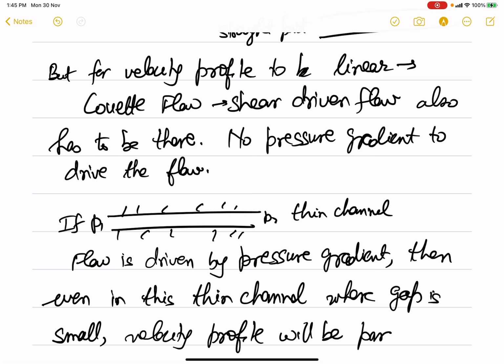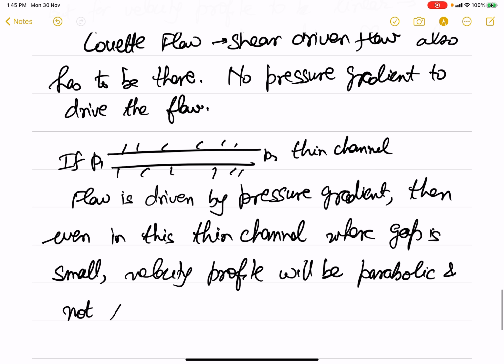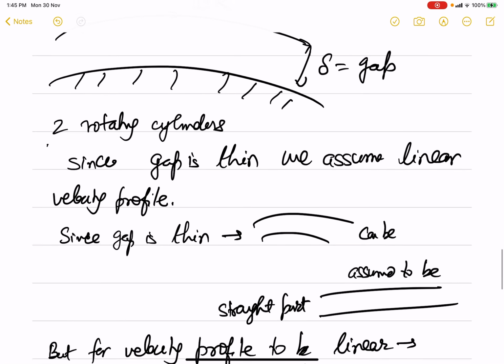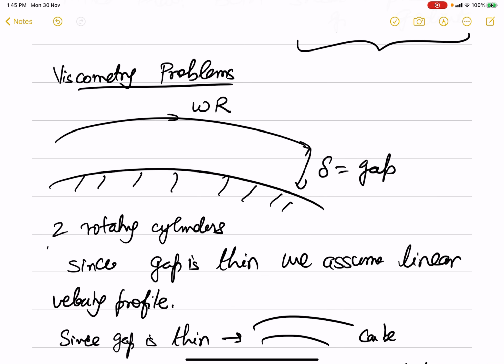It will be parabolic and not linear. So therefore, the argument which we made in these problems of viscometry at the start of the course, that the gap is thin and there is a linear velocity profile, also assumes that the flow is caused only by shear. It is not caused by any pressure, particularly pressure gradient.